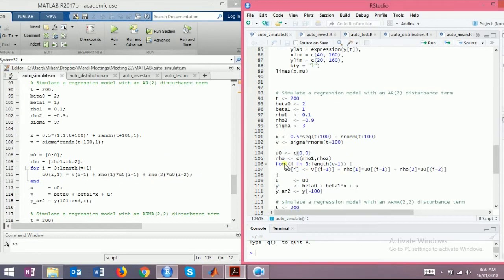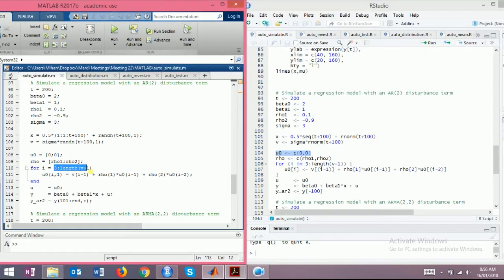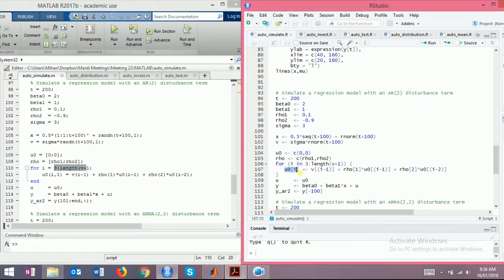Okay, so rho is column bind rho 1 and rho 2, u0 is column bind 0, so you're creating a column with 0 0. You're creating a column with rho 1 and rho 2, one column, and for i in 3 to length of v plus 1, you have ut, you have vt, i minus 1, plus you have rho.